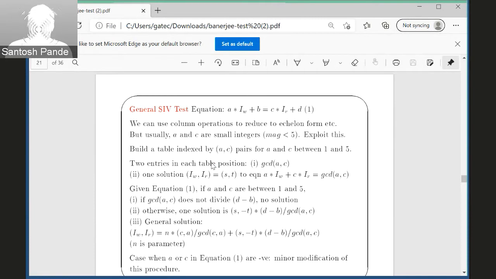And if the GCD does not divide D minus B, there is no solution. Otherwise, there is a solution which is given like this. And the general solution will be given by the following equation shown there.